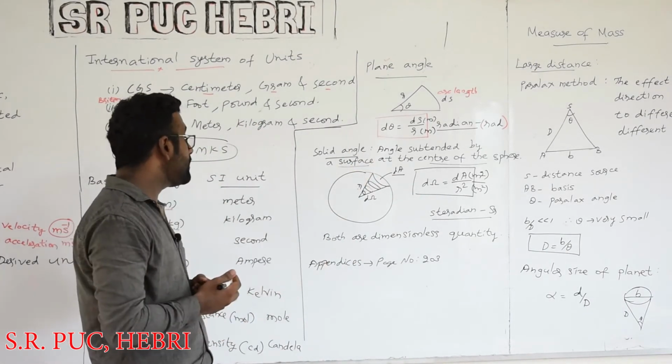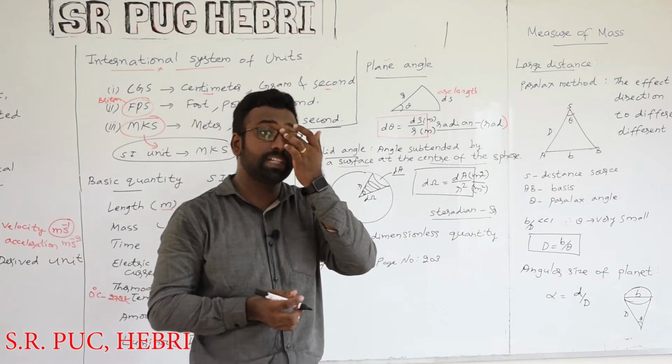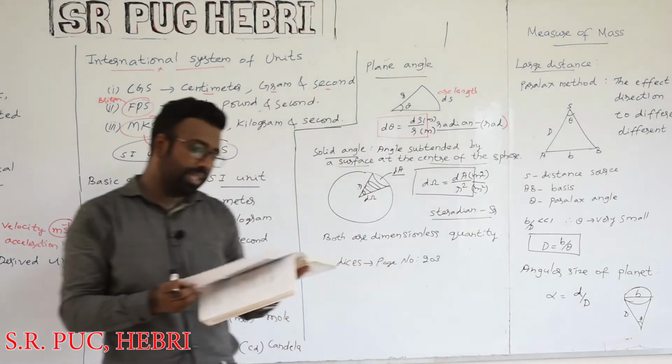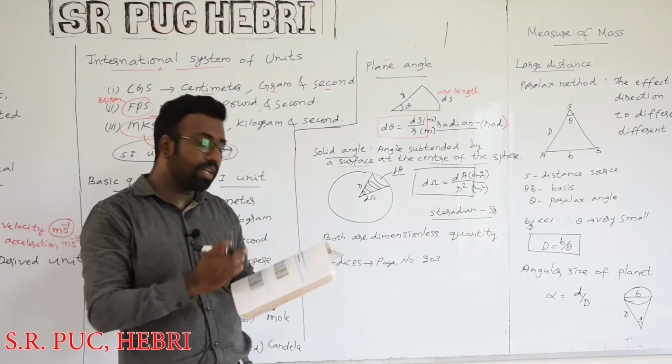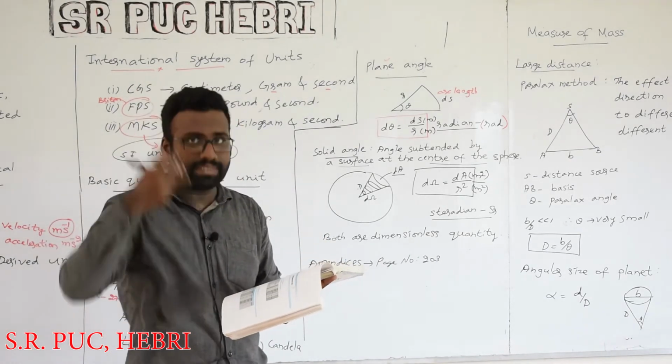You can refer to the appendices given on page number 203 of your NCERT textbook. If you check your textbook, you can see many appendices are given. In that you can get the basic ideas of all the things you study in your physics this year.